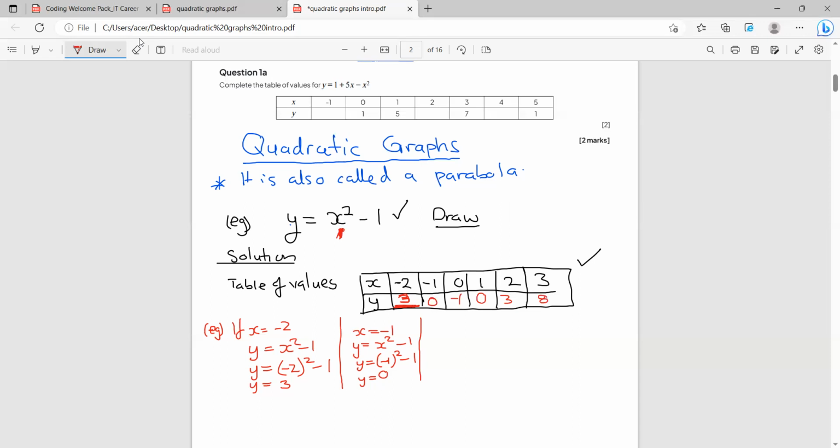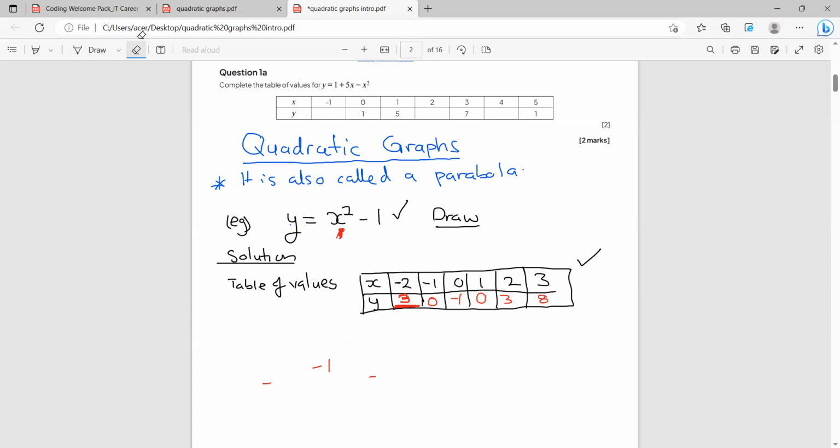Now that we have fully completed our table of values, we need to move on to the next step, which is actually plotting the graph. Let me quickly erase this part. You don't need to show this working when you're writing your exam.